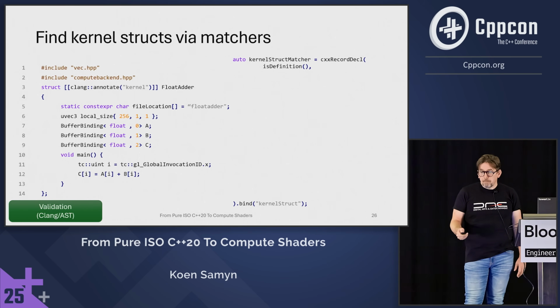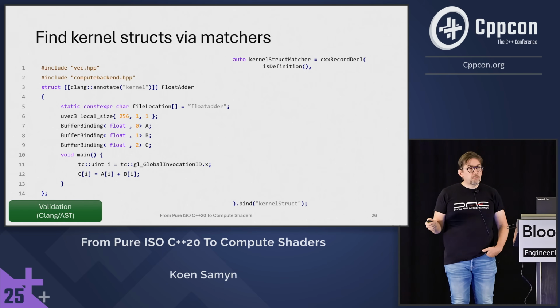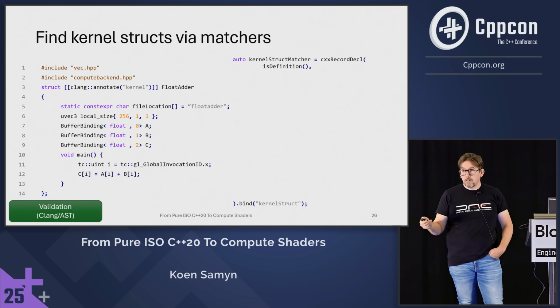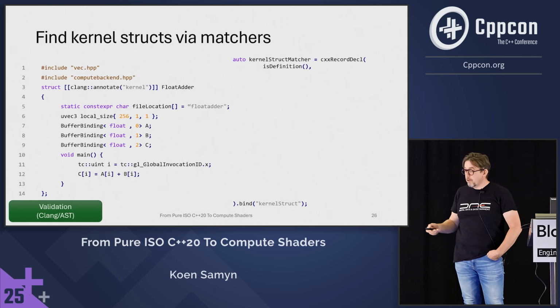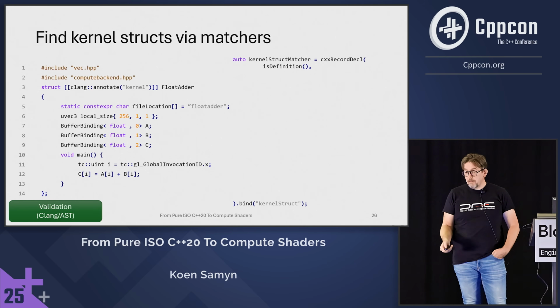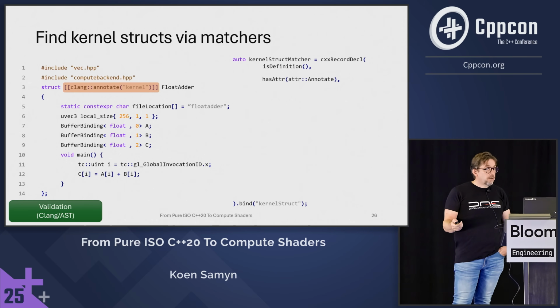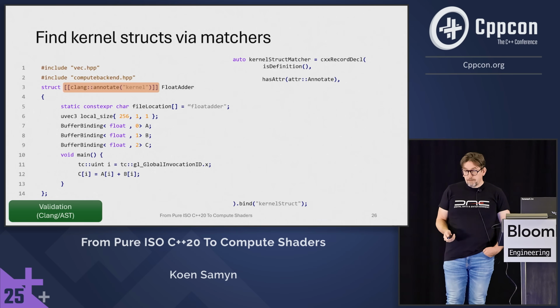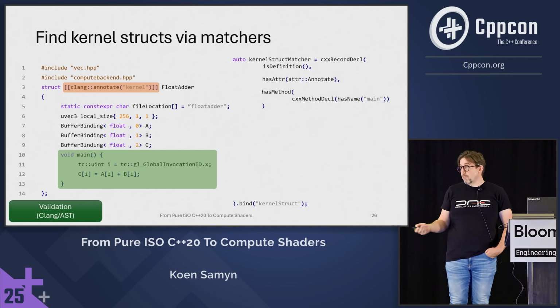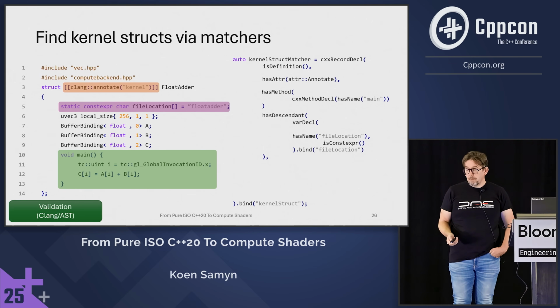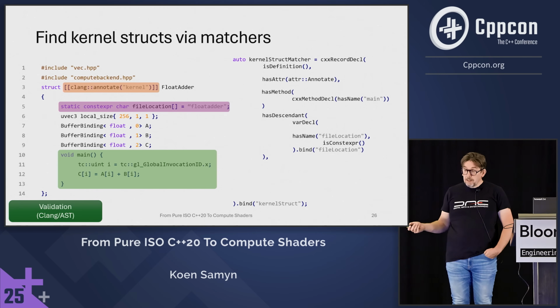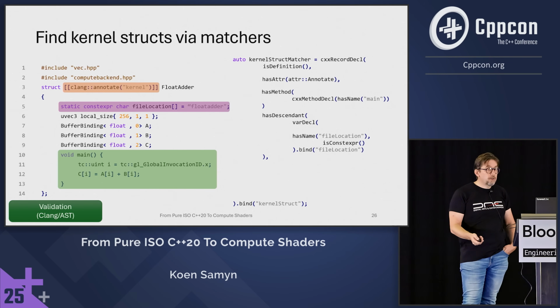So, for example, you can use a matcher to find all the structs or classes that are defined. So is definition. You can check, does it have the attribute annotate? Does it have a method with the name main? Does it have a field with the name file location?